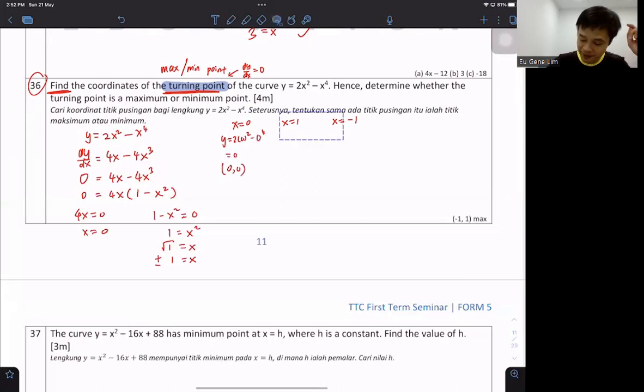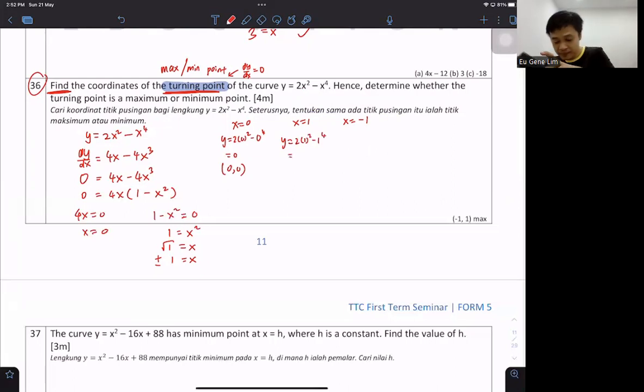Understand? Next, if x equals 1, you sub into y. Y equals 2 times 1 squared minus 1 power 4. Press calculator: 0. So (1, 0) is another turning point.